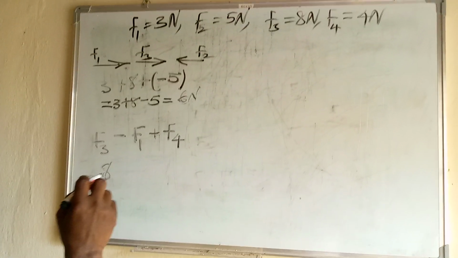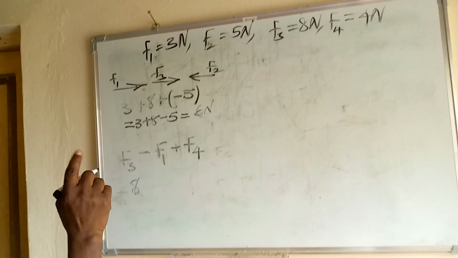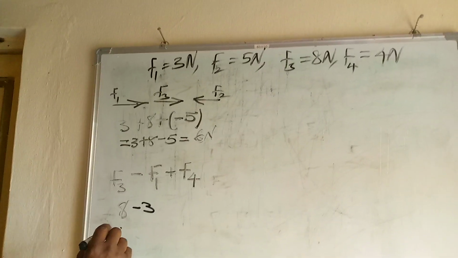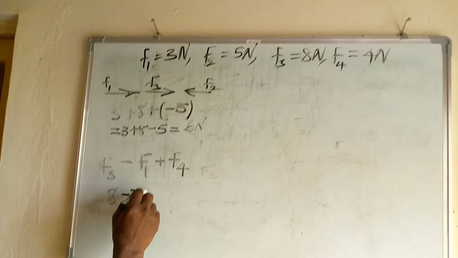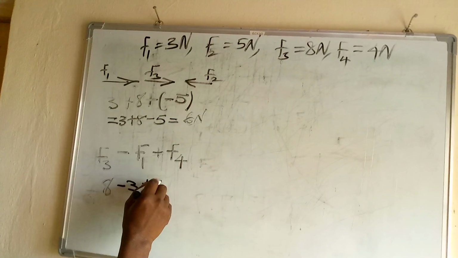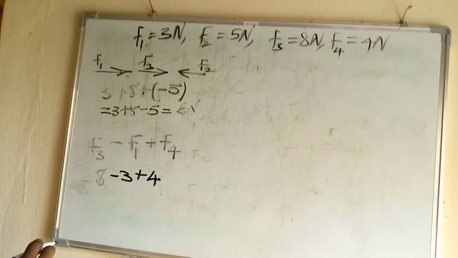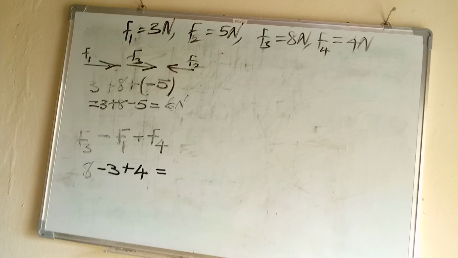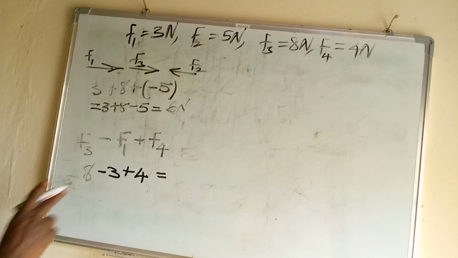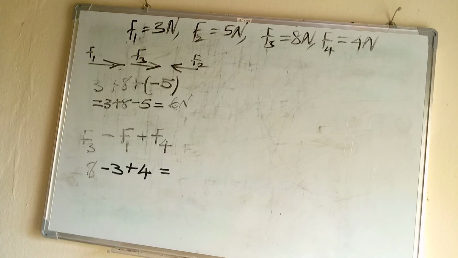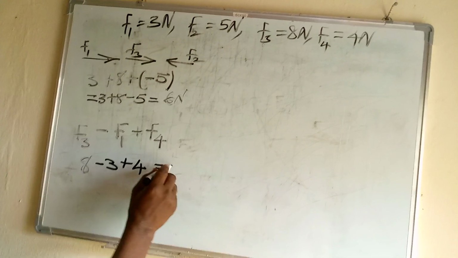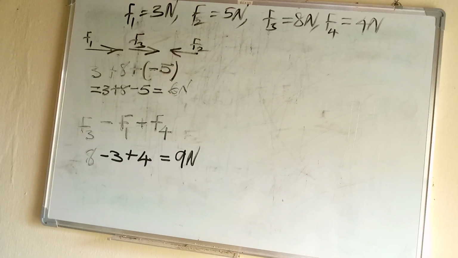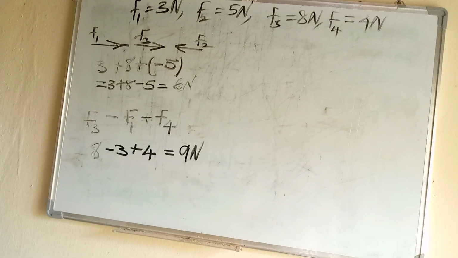If we take the direction of F1 as negative, that's minus 3. Then F4 is plus 4. That will be 8 minus 3, which is 5, plus 4, that is 9 newtons. That is the resultant. The resultant is 9 newtons.